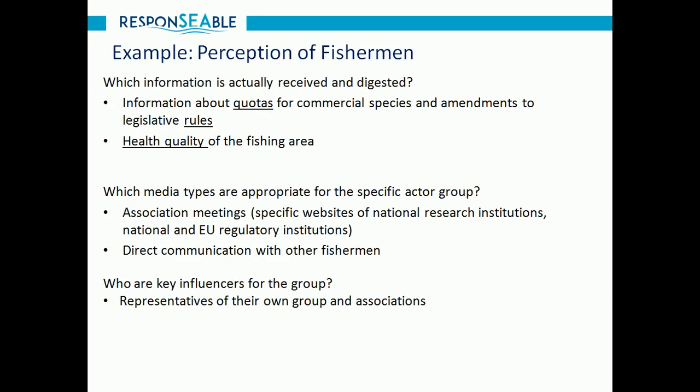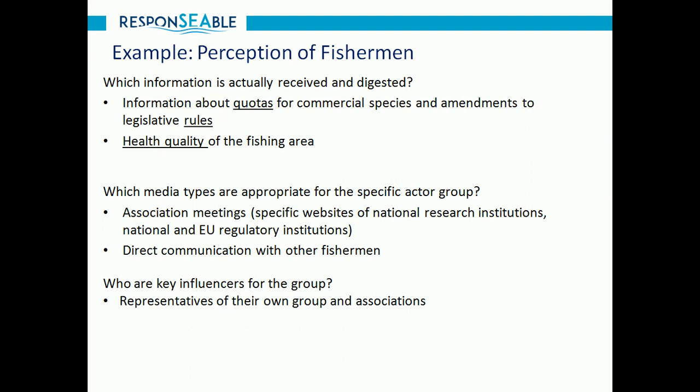For example, the perception of fishermen. Which information is actually received and digested by fishermen? We have two main types of information. Information about quotas for commercial species and amendments to legislative rules, but also health quality of the fishing area.